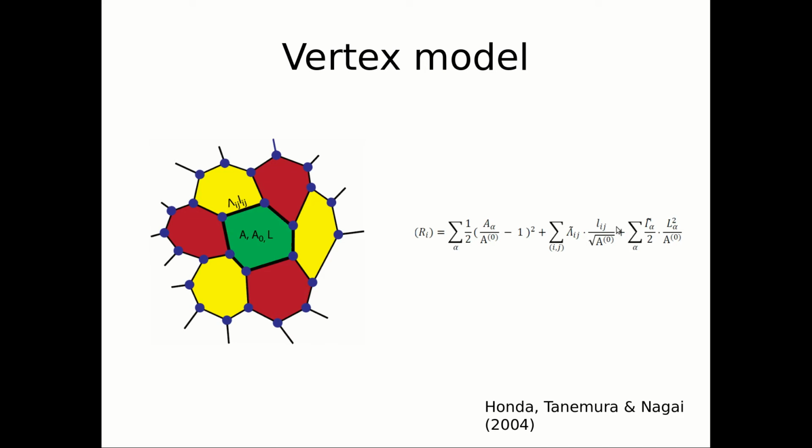In the second term, this is a parameter that represents edge tension, and this L is the length of an edge. So when tension is positive, the term becomes larger the longer the edge. It's like if you pull a string: if a string has a lot of tension, the more you pull it, the bigger the force it makes to shrink again.